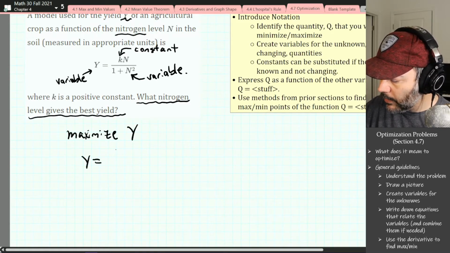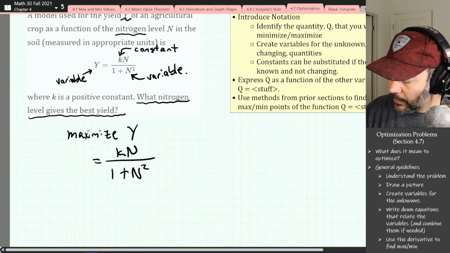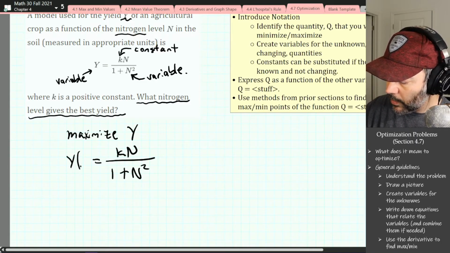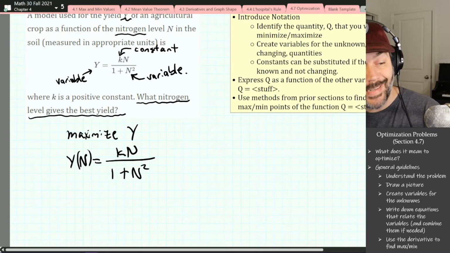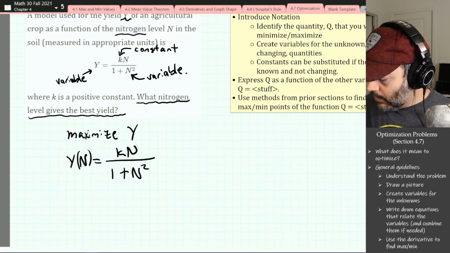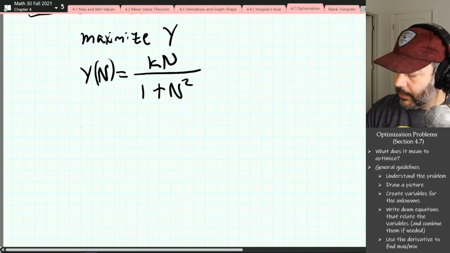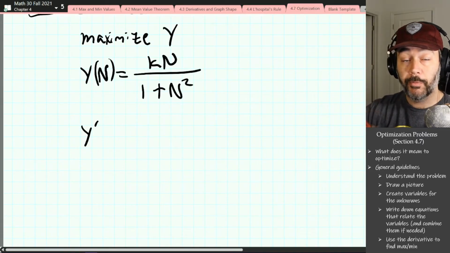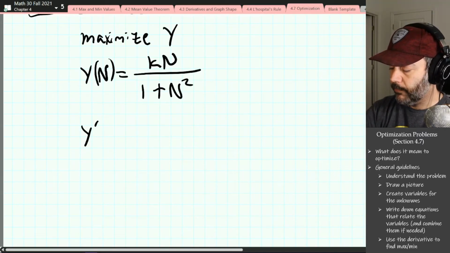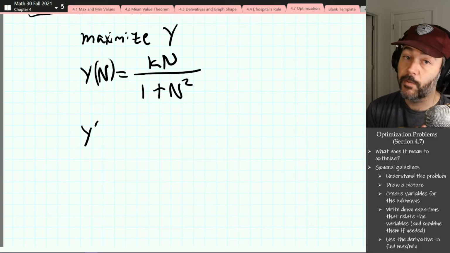So if we have Y equals Kn, and we need to keep in our mind that Y is really an equation with, I'm going to say Y of N, because the input is N and the output is Y. So we want to maximize Y, and they gave us the equation, so this one's nice. And you might get a problem like this on the homework and on the exam as well, where you're just given the relationship and they say maximize the output or minimize the output. Find the level of N that makes Y maximum.